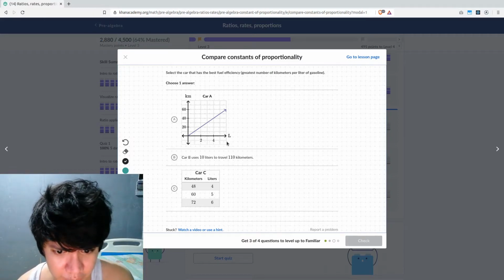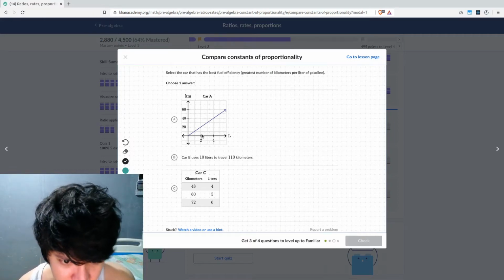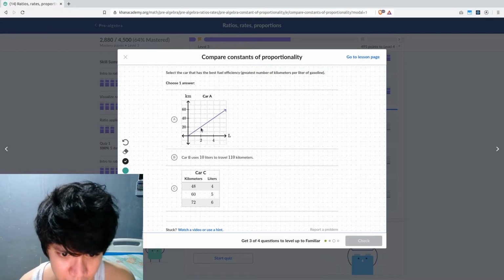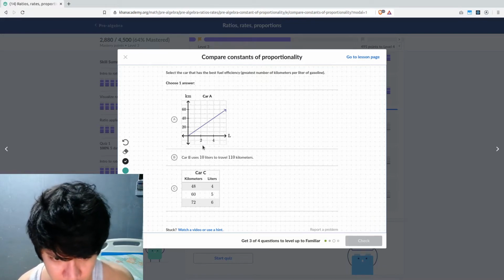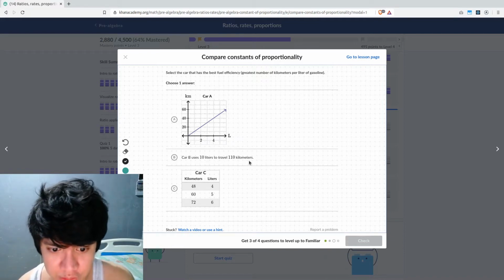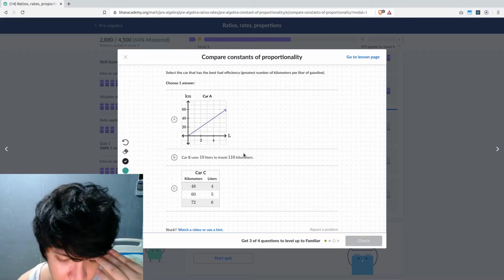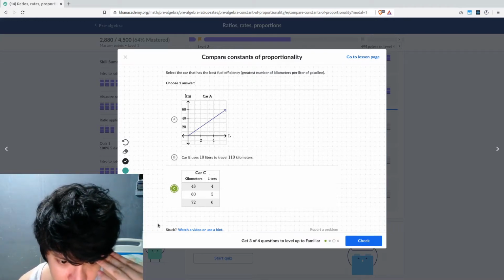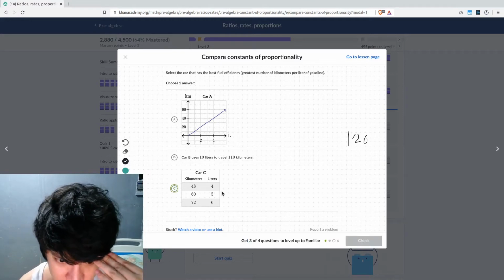Ten liters. So for every 2 liters, that is 1 to 10. So we need to have the most kilometers per liter. So if this is 10, this will be 120. So I guess C.